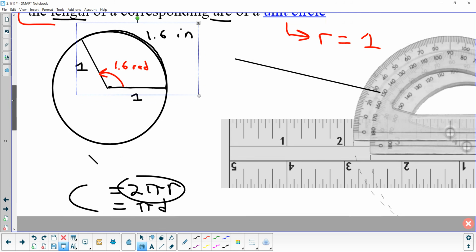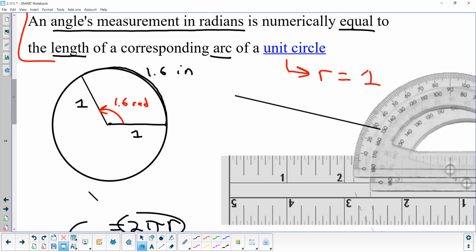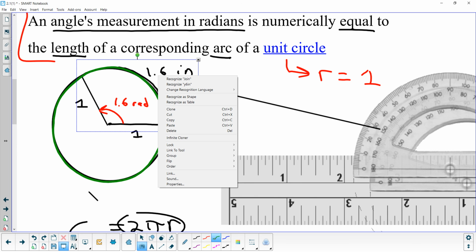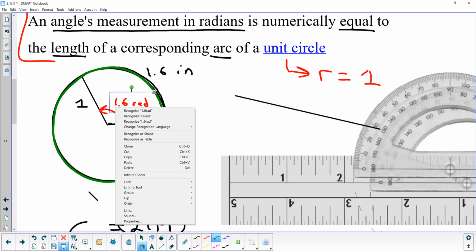So here's the key at how we can figure out how many radians in a circle. If you can tell me how big that is, that's the circumference. But we know that the size of the circumference is going to come out exactly the same as the size of the angle.